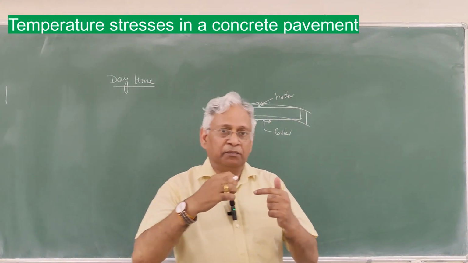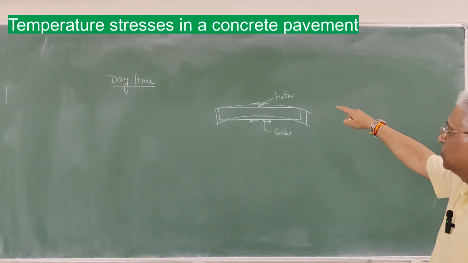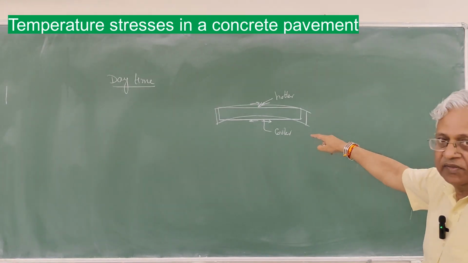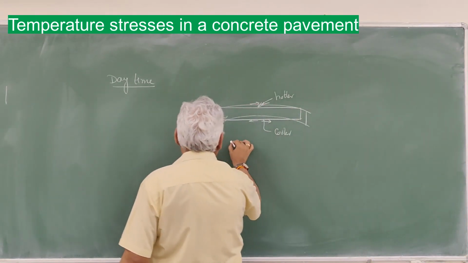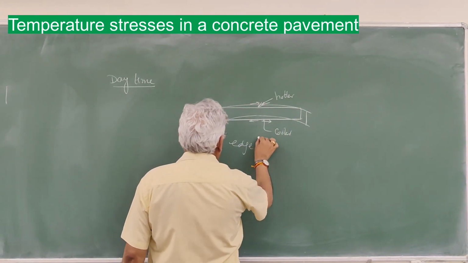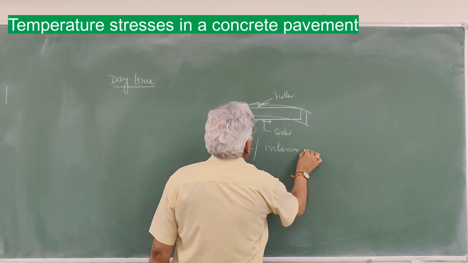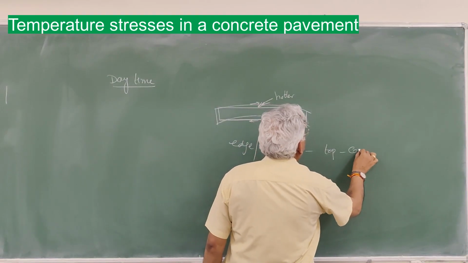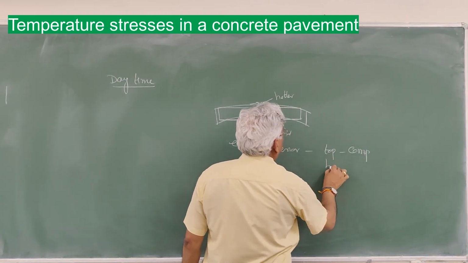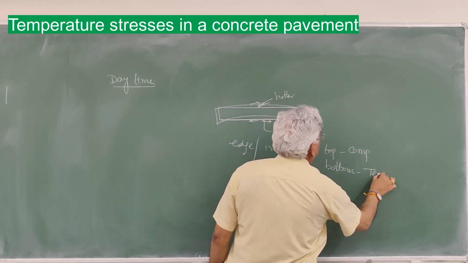Because of positive gradient, when the top surface is hotter than the bottom surface, that will create at the edge and at the interior of the pavement slab, top will have compressive stress and bottom will have tensile stress.